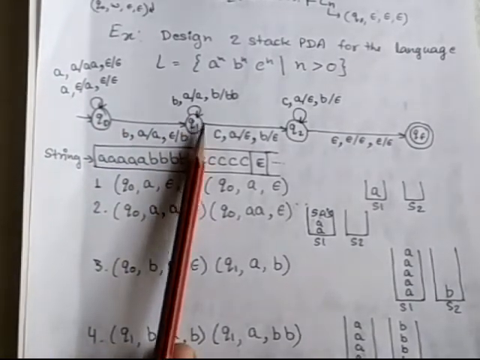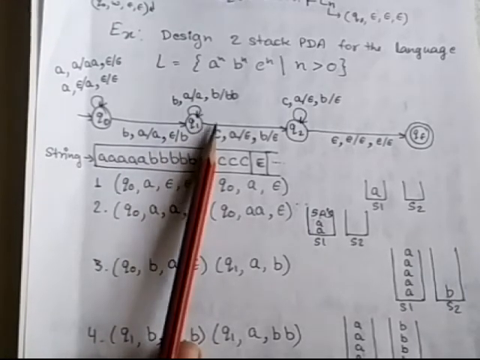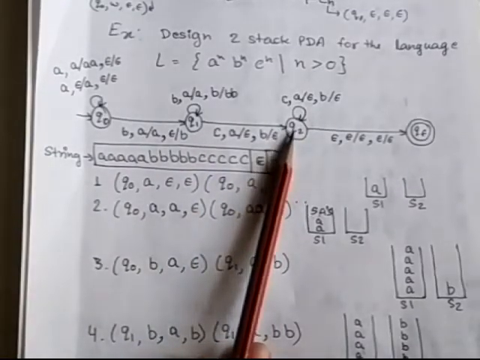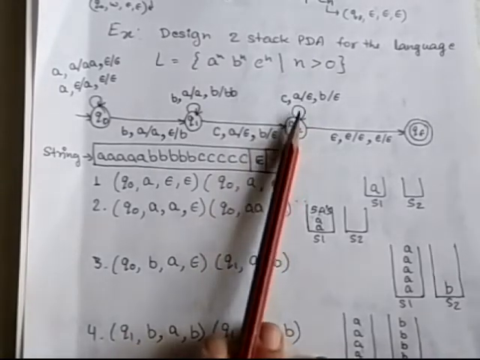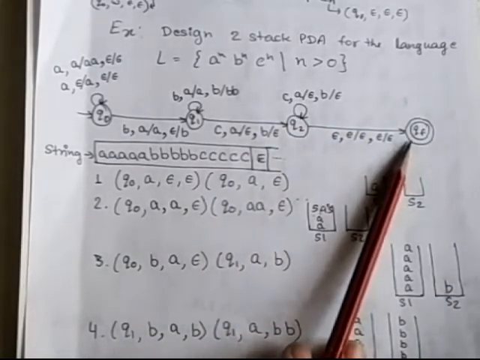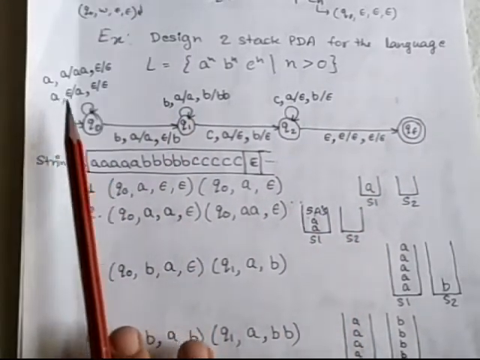At Q1 we read all the B's and push all the B's on stack 2. At Q2 we read C and pop both these stacks, and finally we reach the final state. Now these are the transitions here.